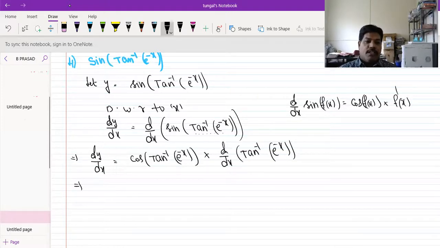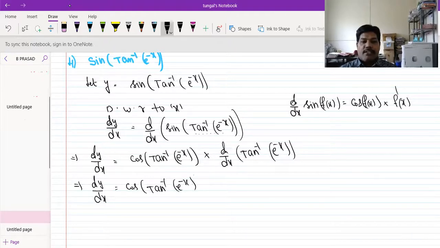Next, dy by dx is equal to cos of tan inverse of e power minus x into the derivative of tan inverse f of x. What is the formula, students?